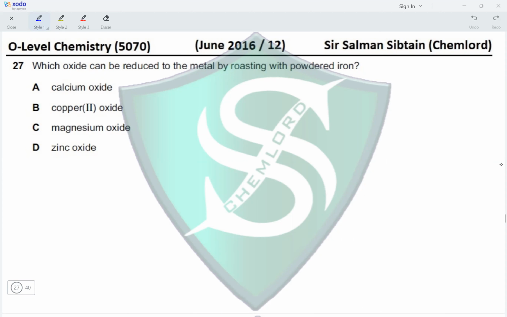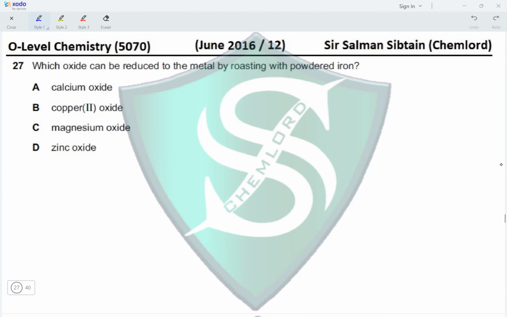So calcium oxide. Calcium is more reactive than iron. So calcium will not get replaced by iron.